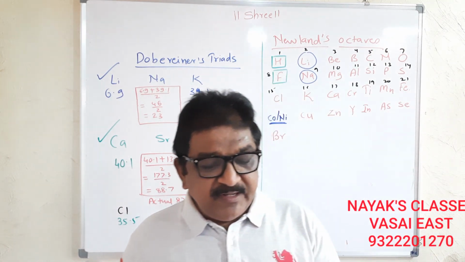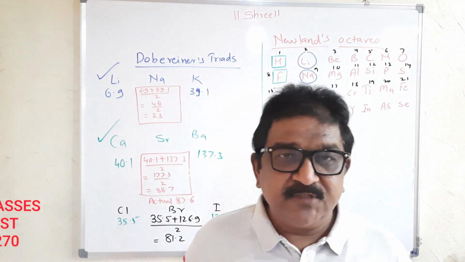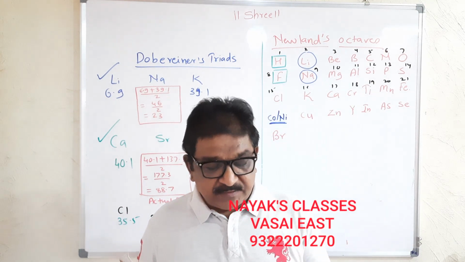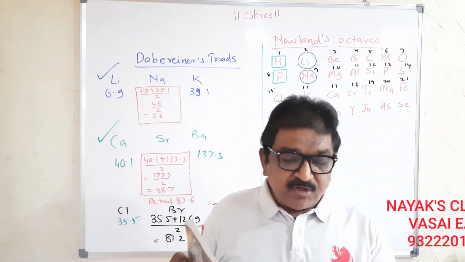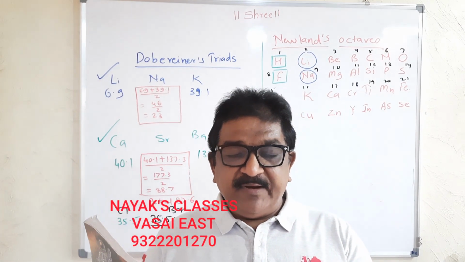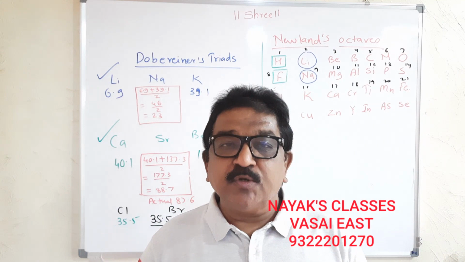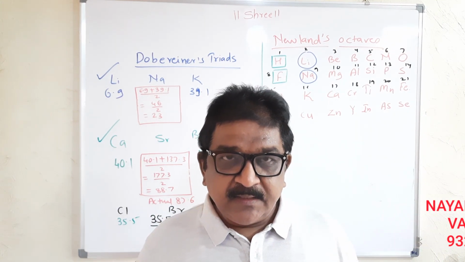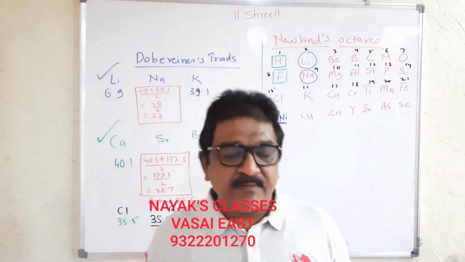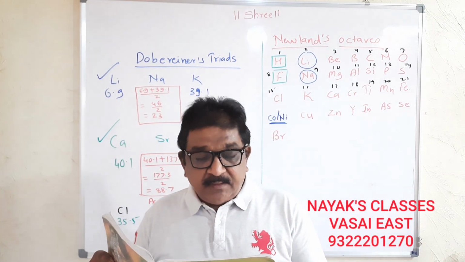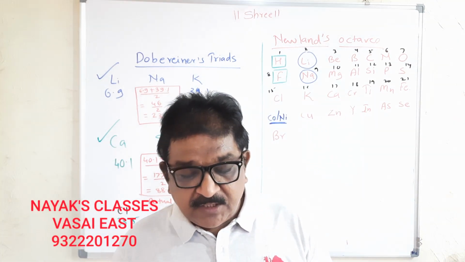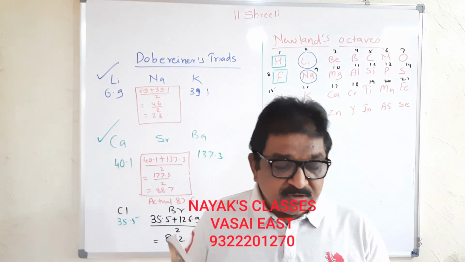However, around the year 1800, so approximately 220 years back, only about 30 elements were known. More elements were discovered in the course of time. Initially, fewer elements were known to man. More and more information about the properties of elements was gathered.